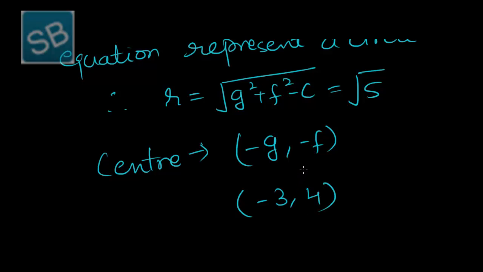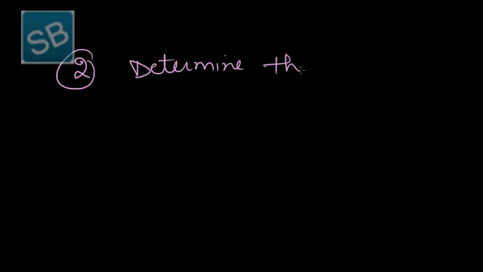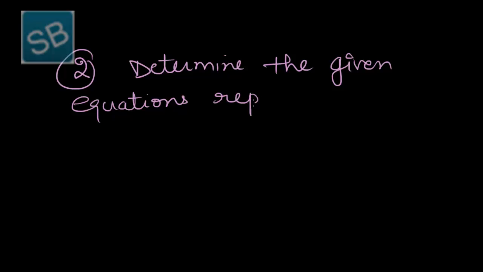So we found the radius, the center, and whether the given equation represents a circle. So 3 points are clear in this question. Now the number 2 problem is: determine whether the given equation represents a circle.